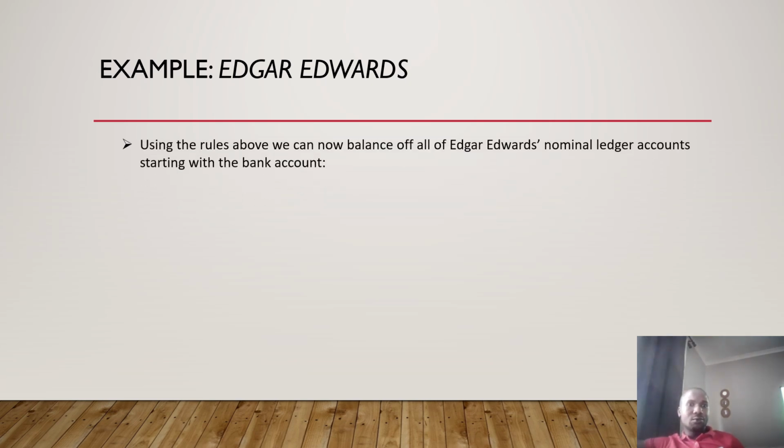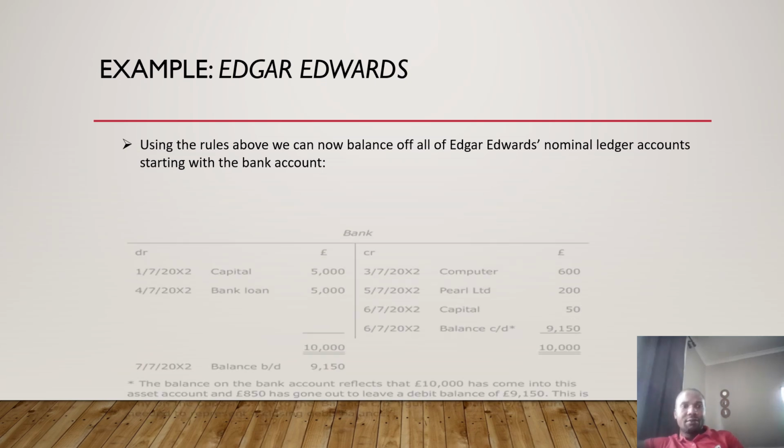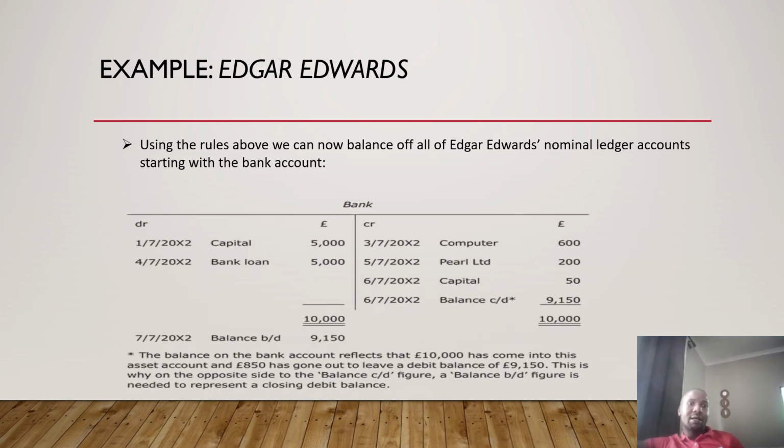So using the rules that we have just discussed in the previous slide, we can now balance off all the Edgar Edwards nominal ledger accounts, starting with the bank account, which has had both debit and credit entries. So if you look at what we have done here, we added both sides.